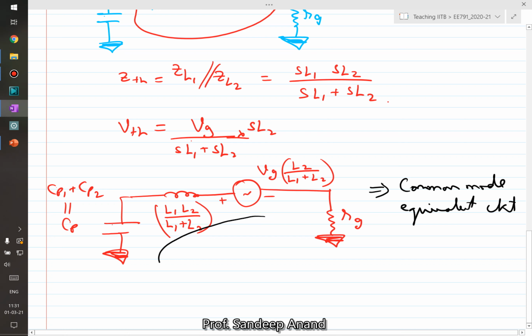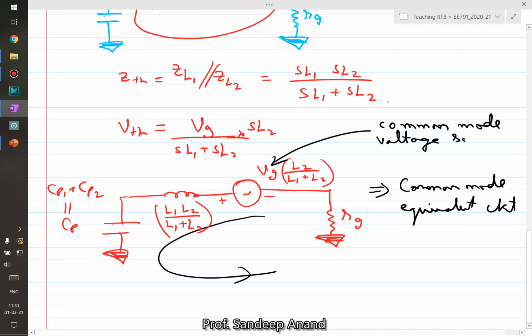Because it can give us the common mode current that flows in the circuit, and this particular voltage source, we can call it a common mode voltage source due to grid, right?